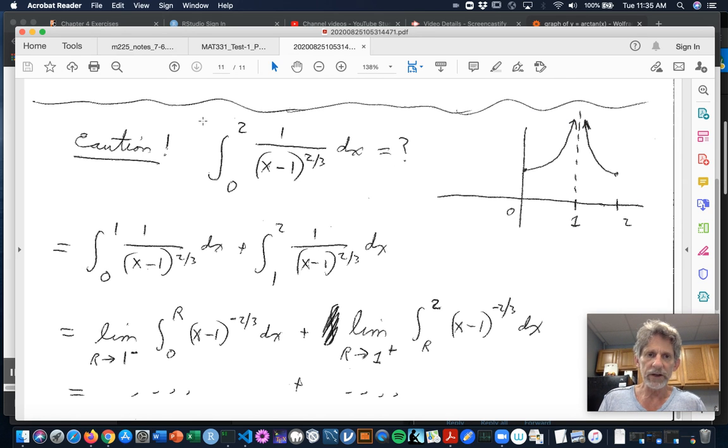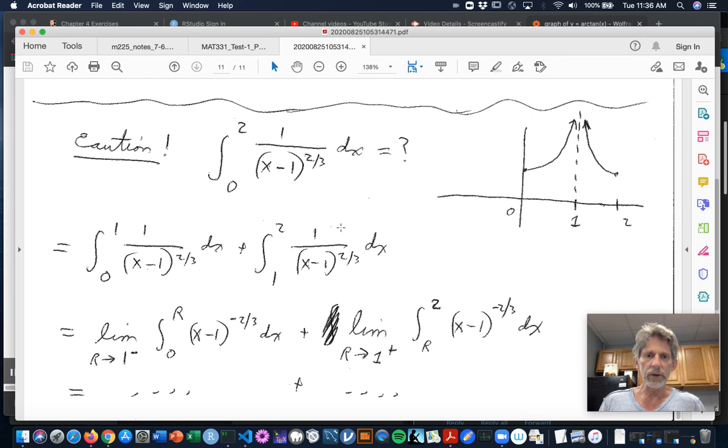And so when you're asking for the area underneath, you're asking for this area all the way up along this side of the line x equals 1, and this other area, all this stuff up along the other side of x equals 1. Is that a finite amount of area or not?